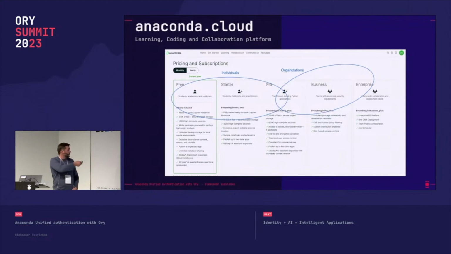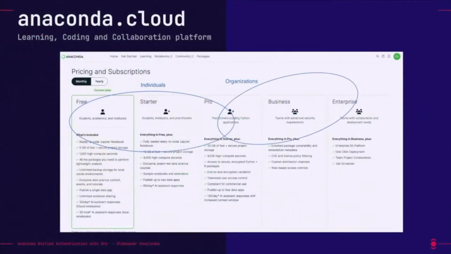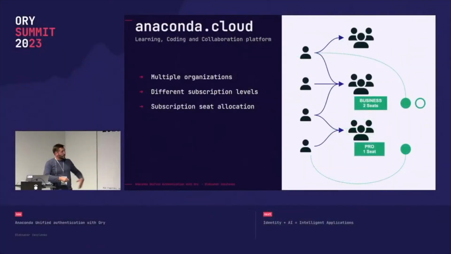This is where we provide them a free tier. Then the capabilities of every tier expand, and the business tier is focused mostly on enterprise. This is very important, because this type of business model also affected the decisions we made when we selected the right IAM provider. So also, how our users are organized.